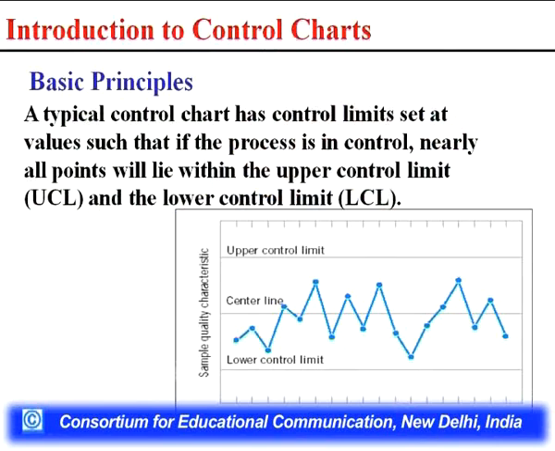So, when a rejection is there, we have to stop the process and see what has gone wrong with the process, and the point is going out of control. And that particular reason or the cause is to be identified and removed, and the process is to be restarted. Again, the points are to be marked on the control chart.